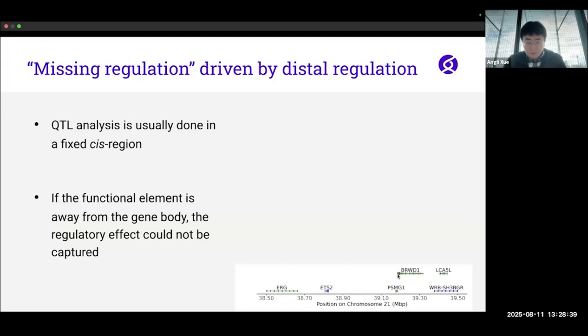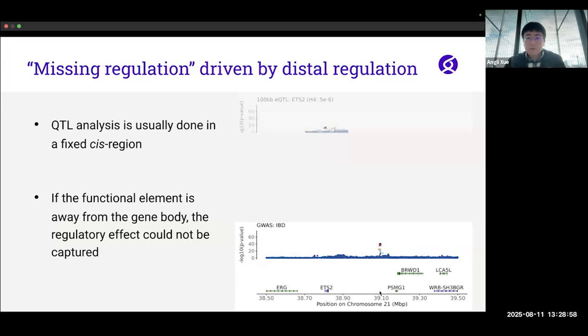If we look at this locus and visualize the GWAS of the IBD signals, the y-axis is the minus log p-value of the association of the SNPs. You will observe a very strong signal in the intergenic region. It's not located in any gene. And if we overlap with the 100 kb eQTL of this gene, ETS2, the colocalization result is nearly 0, which means that they do not overlap.